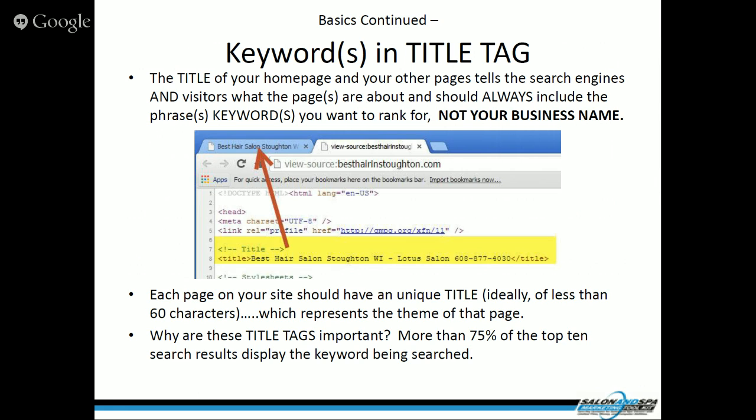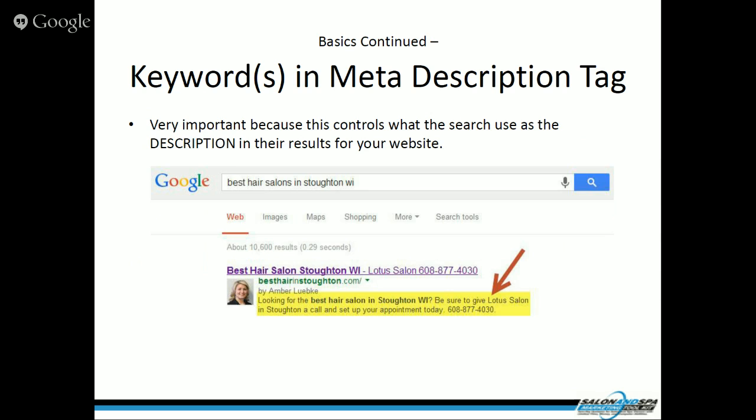All right, now if we notice down here in the search results, we will break down this one search result, where we looked again for best hair salons in Stoughton, Wisconsin. You can see what we call the description. I'll get technical here: it's called an HTML tag. That's as technical as we need to get.